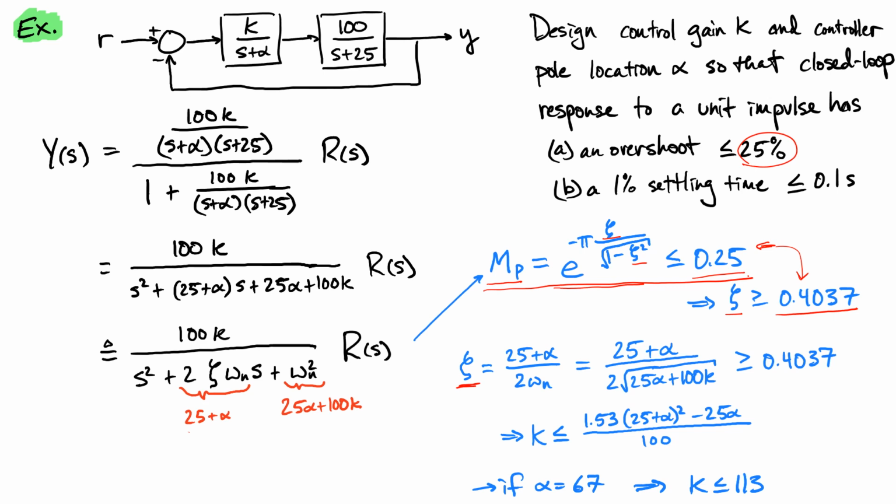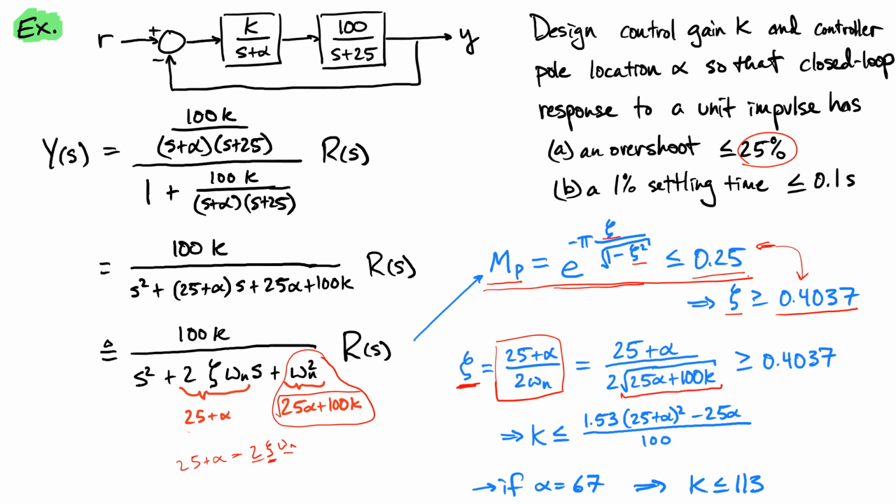And so in this case, again, a couple of different ways that you can substitute these in, but what we're observing here is that we have this expression that 25 plus alpha has to be equal to 2 zeta omega n. And so what we've done is we've solved for zeta here, divided by 2 omega n, and that's where we get this expression right here. And now we can use this equality to substitute in square root of 25 alpha plus 100k for omega n in the denominator.